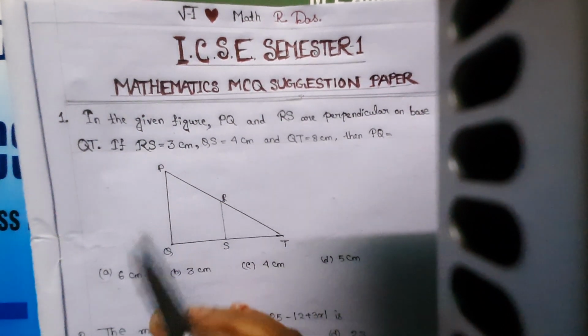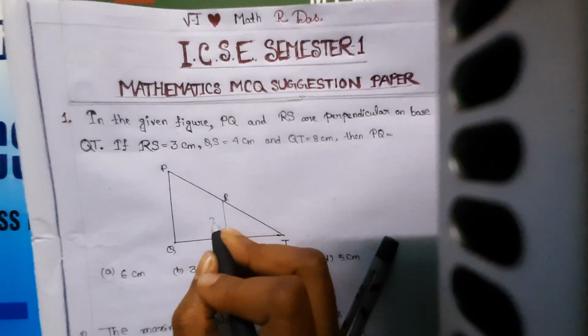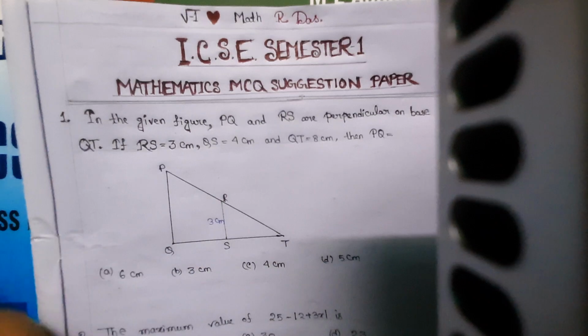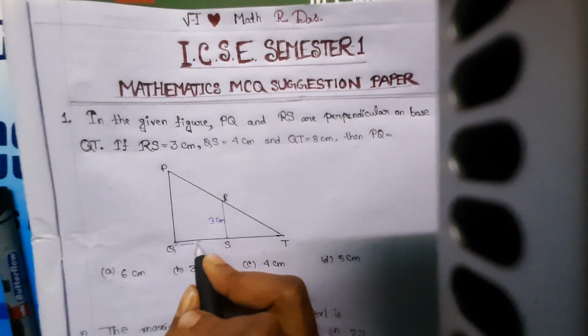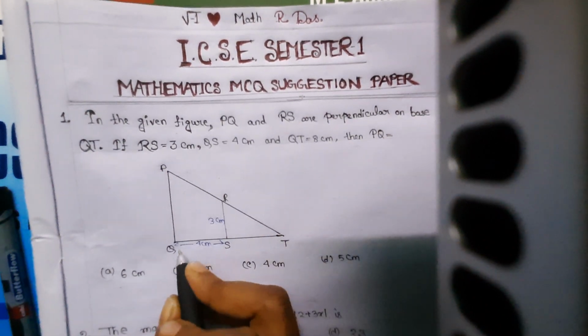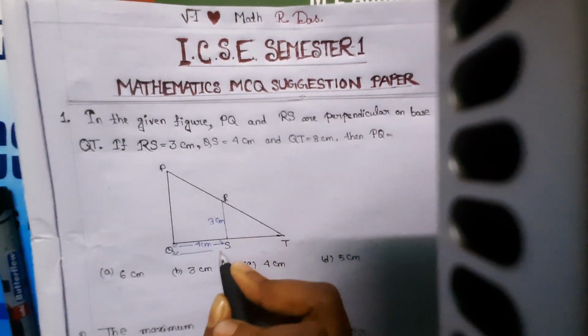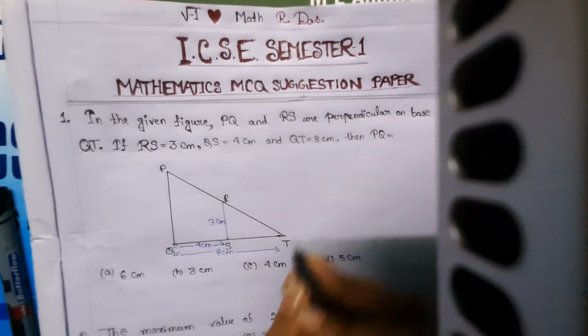Given that RS is 3 cm, QS is 4 cm, and QT, the whole length of this base, is 8 cm, you have to find the value of PQ.